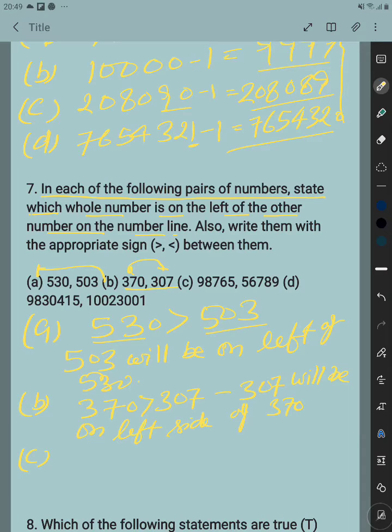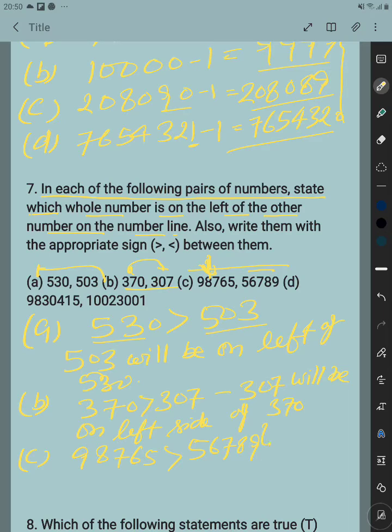And part C, what is C? You see here, this number is greater than this. So we'll write it like this: 98765 is greater than 56789.